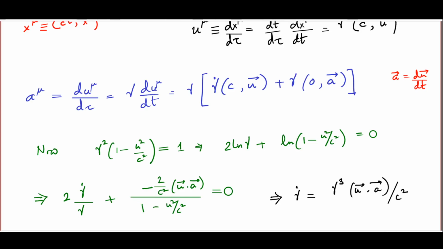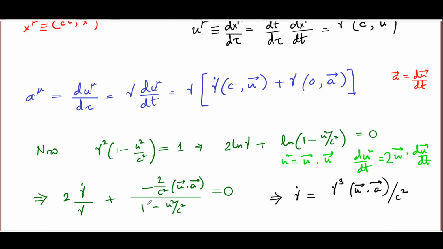Remember, u squared is actually u dot u. So when you differentiate this, d/dt of u squared is u dot du/dt plus du/dt dot u, but because the dot product commutes, you end up with twice u dot du/dt, that is twice u dot a. So that is what you have up here.